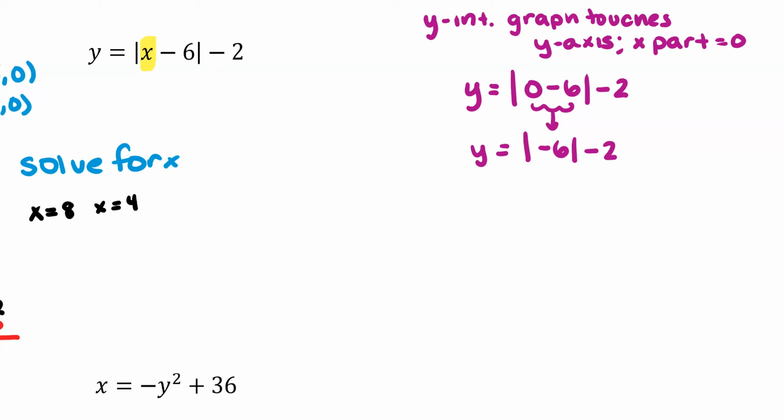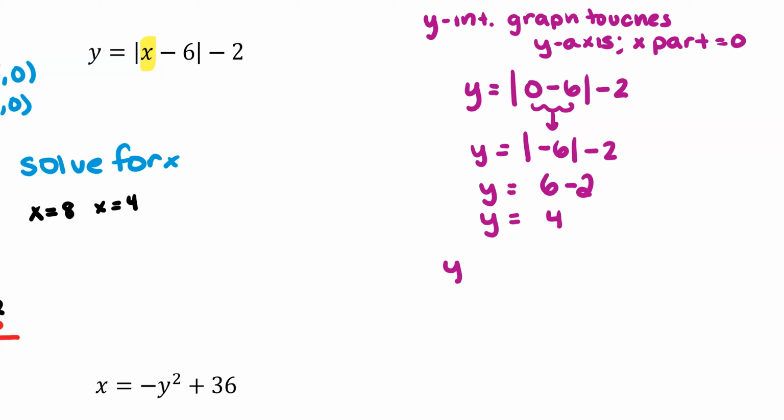Inside the bars is just a number. So we're going to evaluate the absolute value of that number and then continue on with our process. So absolute value of negative 6 is 6. So I have 6 minus 2. So y equals 4.